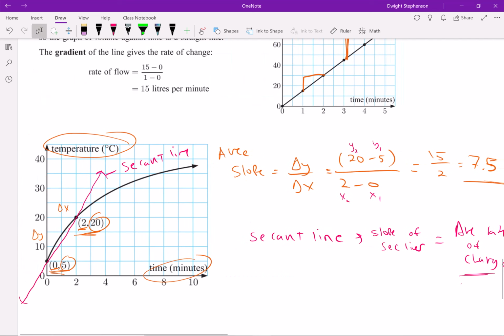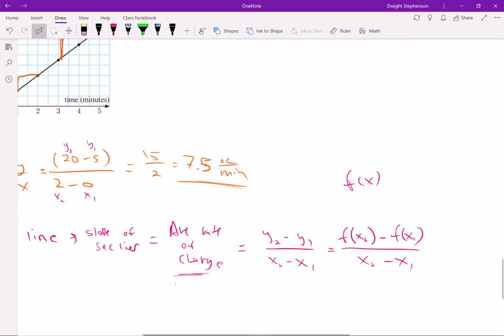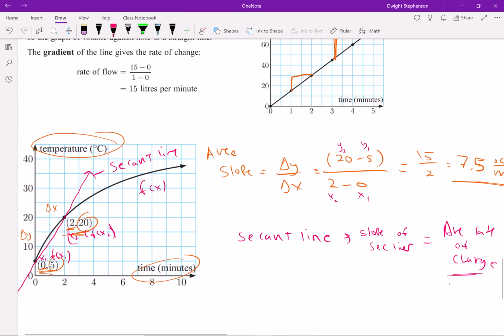So if this function is f of x, then this is x1, f of x1, this is x2, f of x2. It's basically the same thing, just function notation for it. So that's how we find average rate of change: we find the slope of the secant line, and a secant line is a line that passes through 2 points.